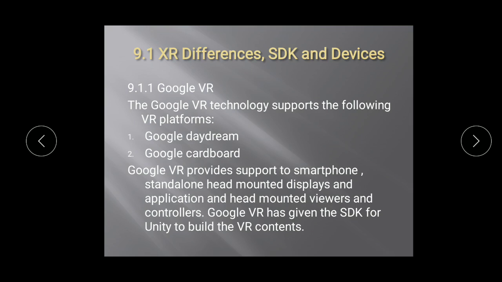The first one is Google Daydream. First of all, what is Daydream? Google Daydream is included in Google Virtual Reality technologies. Google Daydream is a platform for cardboard and high quality mobile virtual reality.